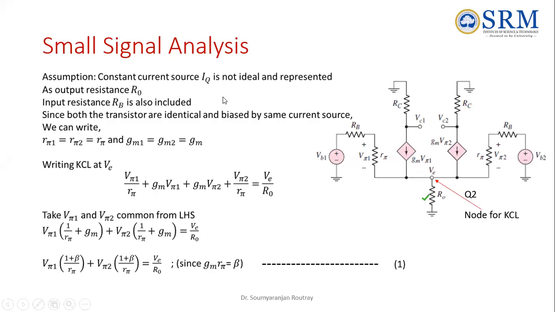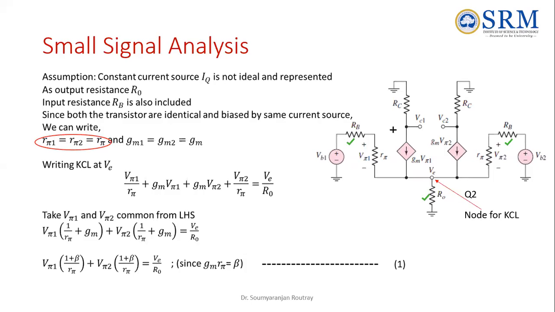Our output resistance R naught and input resistance RB are included here. RB is the current limiting resistor, or input resistor, where your input is, and it will always be there. Since both transistors are identical and biased by the same current source I naught, we can write R1 equal to R2, R pi 1 equal to R pi 2 equal to R pi.